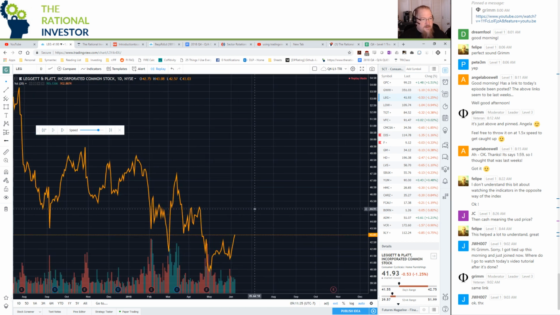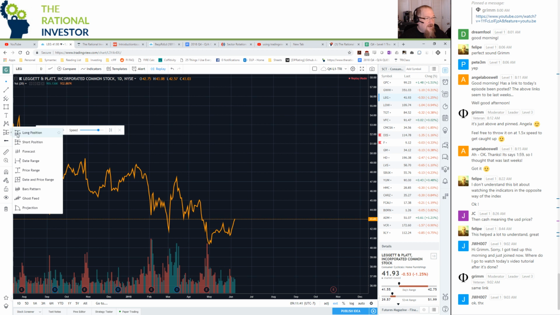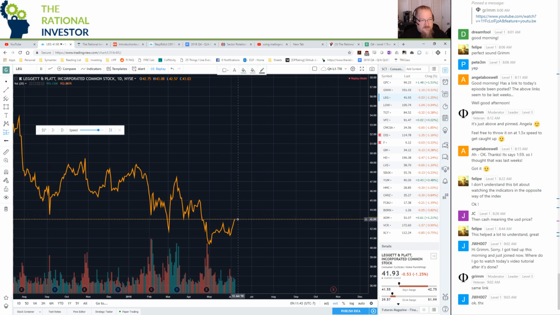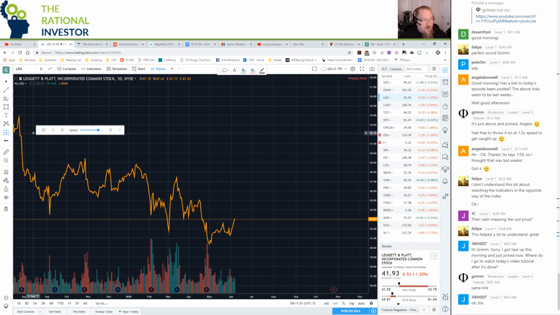Okay, so here's an example. I see this W, and I say, I want to put a trade on this. This is where we talk about this tool, okay? On the left-hand side, you have your different types of tools, right? One is the long position tool, because we're looking for a trade that is long, which means we're expecting price to go up.